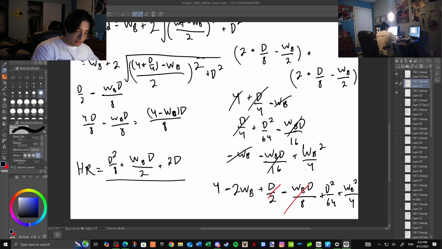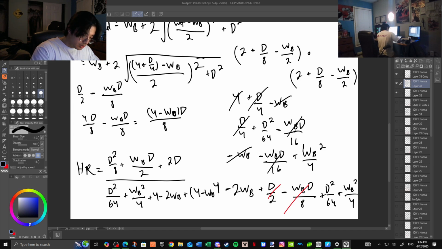So it would be D squared over 64 plus WB squared over 4, then plus 4 minus 2WB, plus the quantity 4 minus WB times D over 8.